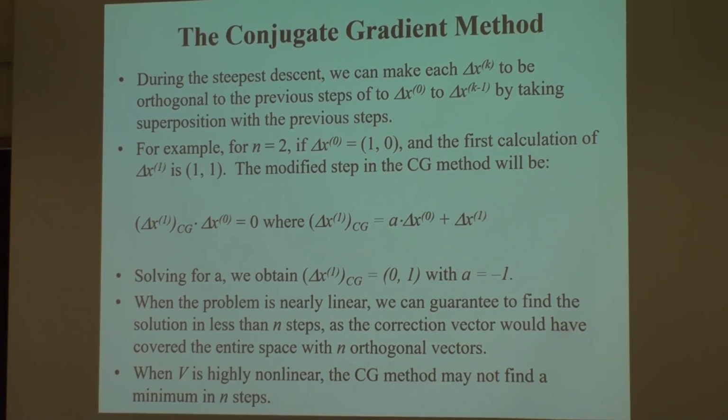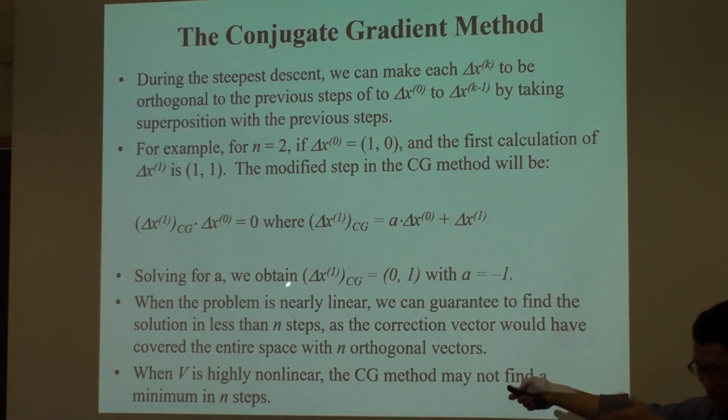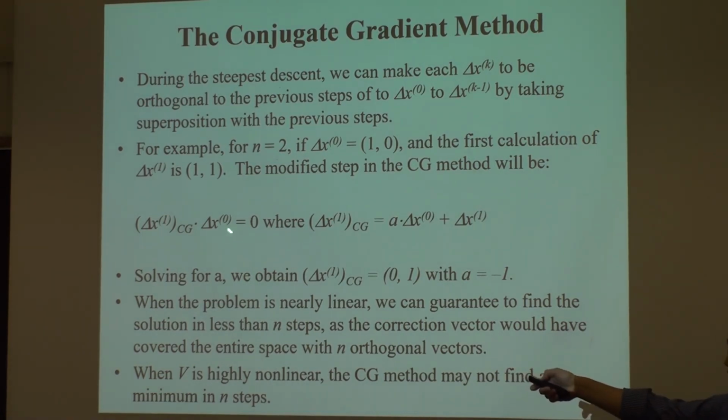Let me say it again. Your first step is this; you correct it and make another advancement of your solution vector. Then you use that to find your second correction factor.